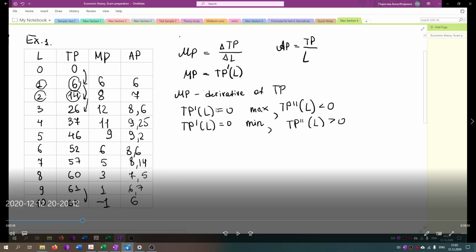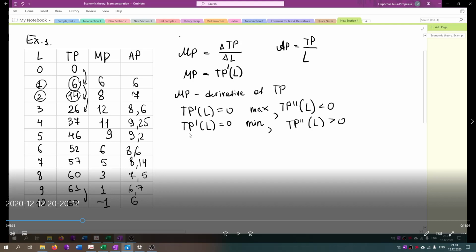And speaking about how we can find maximum and minimum of total product, if the derivative of the total product is 0 and the second derivative of total product is less than 0, then it will be the maximum of total product.